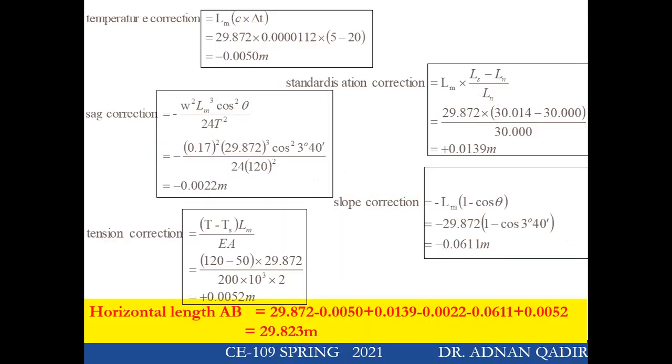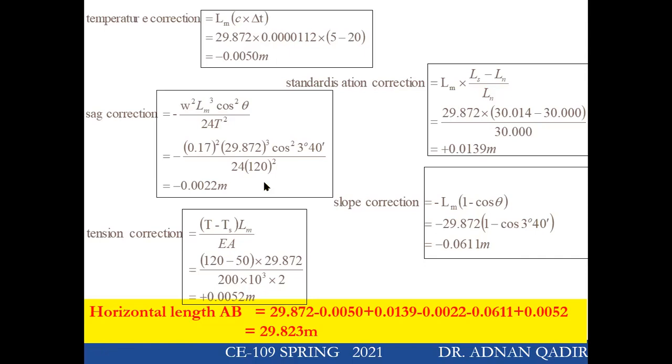Now you can do it similarly to what we have done in the previous problem. Just one by one: temperature correction, C into delta T, then length correction, then sag correction, the tape correction, and the slope correction. And at the end of the day, you will find your actual length is 29.823 meter.